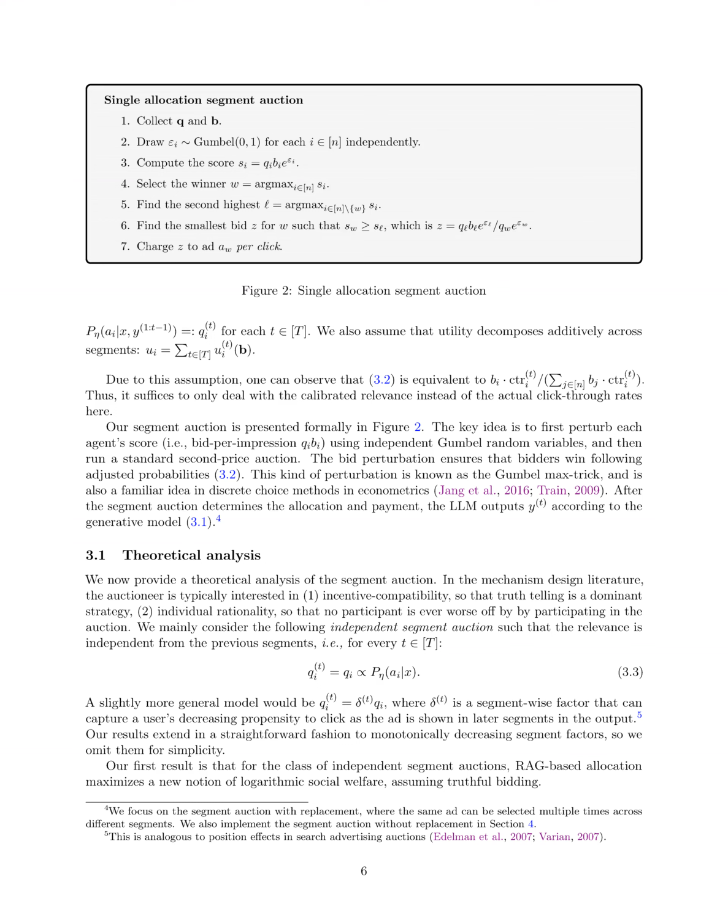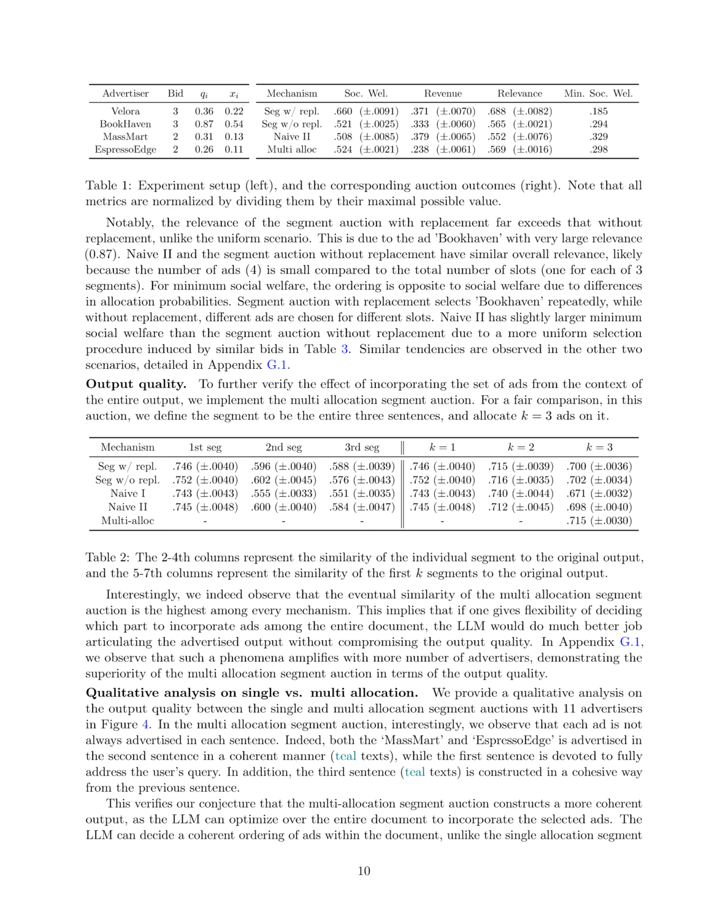The theoretical benefits lie in its ability to maximize a new notion of logarithmic social welfare, LSW, while ensuring dominant strategy incentive compatibility, DSIC, and individual rationality, IR. The segment auction optimizes the allocation of ads within each discourse segment, balancing economic efficiency and fairness in generating LLM outputs.